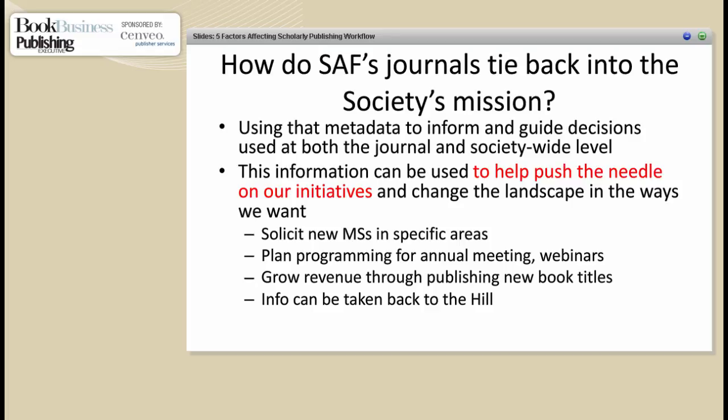And it can help us glean where we may want to enhance our focus or where we may want to decrease some of our efforts just based on what we see people being interested in learning more about.